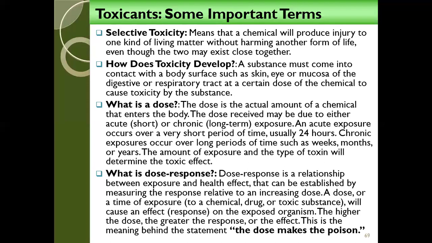An acute exposure occurs over a very short period, usually within 24 hours. These are self-explanatory notes that you can read and easily understand. The chronic exposure occurs over a long period of time. It can be weeks, months, or even years.